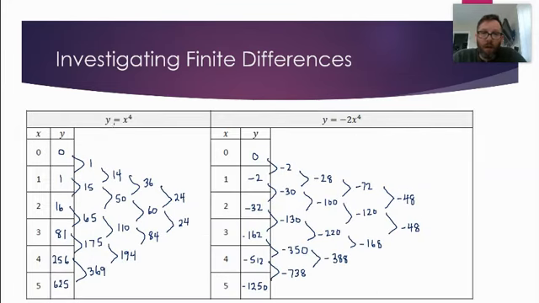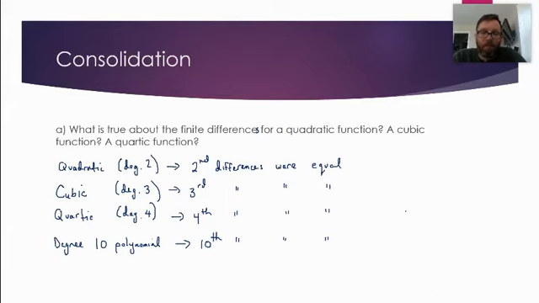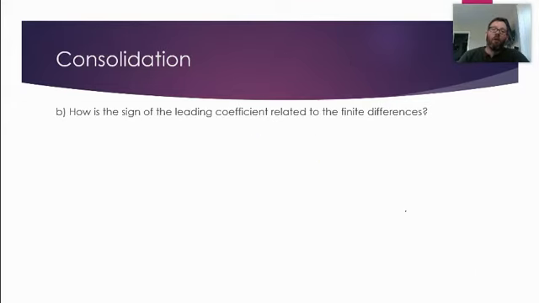It did. Positive leading coefficient, positive fourth differences were equal. Negative leading coefficient, the fourth differences that were equal were also negative. So the sign of the leading coefficient. Now this isn't by any means proof, but hopefully you're convinced of this property after the investigation.